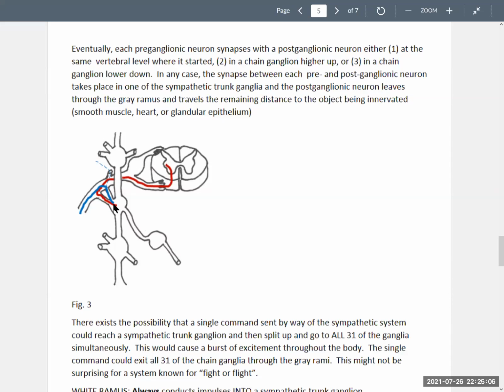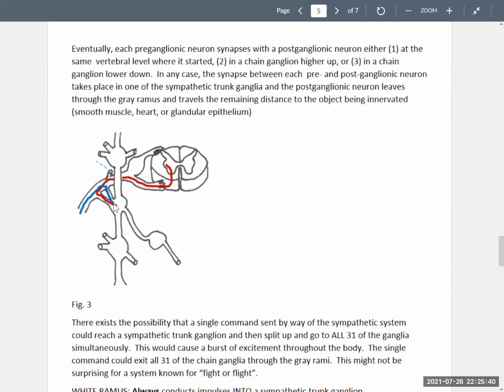And now it's going to go to the organ. Is there a reason, can you think of it, that it has to even synapse? Why not just go right to the organ? Why bother synapsing? To connect to the postganglionic nerve?